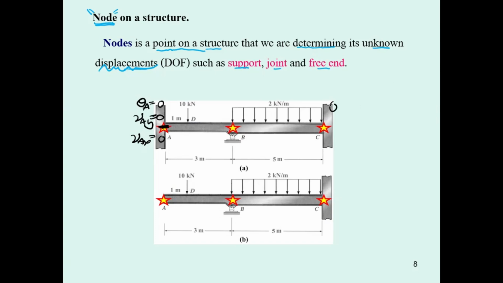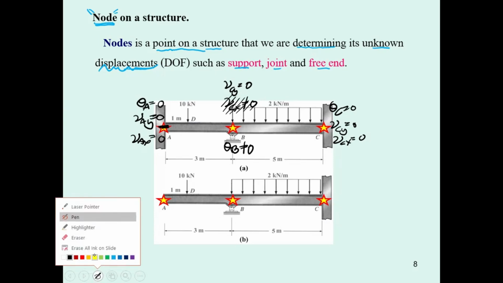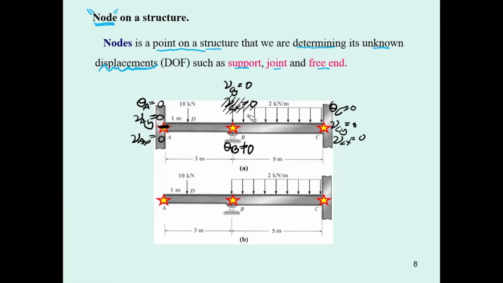The same thing at C: θ_C equals 0, v_CY equals 0, v_CX equals 0, due to the fixed support. At B, we will have v_BY equal to 0, but v_BX won't be 0, and θ_B won't be 0. However, based on our assumption of no axial deformation, we will say this one also equals 0.